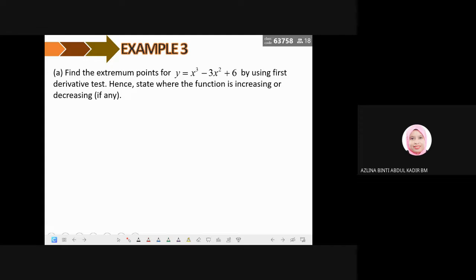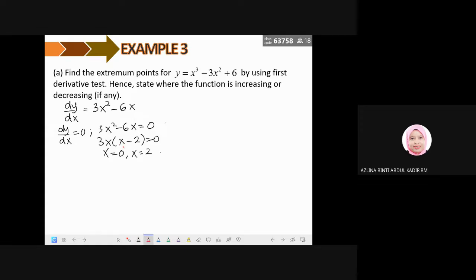So you differentiate: dy/dx equals 3x squared minus 6x. Then when you equate to 0, 3x squared minus 6x equals 0, and we have a quadratic, so you must factorize. So we get two values of x, which we call the stationary values.